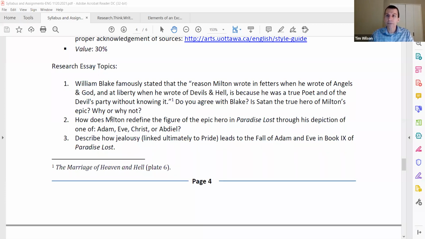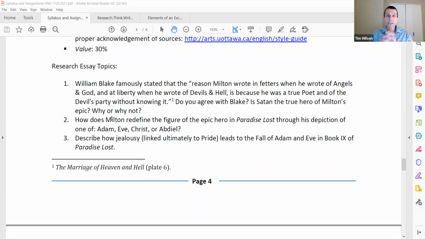So Blake was saying that Milton presented Satan and hell and those episodes so forcefully, and when he tried to depict God, it was so banal, because he was of the devil's party unconsciously, so to speak.